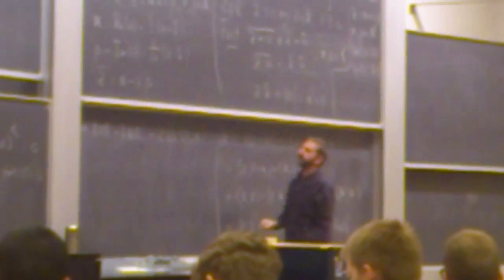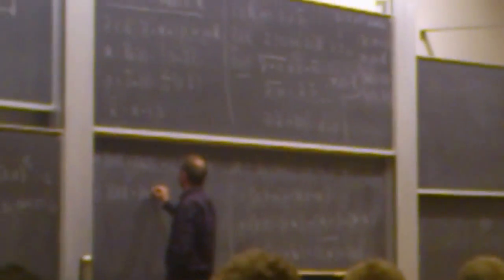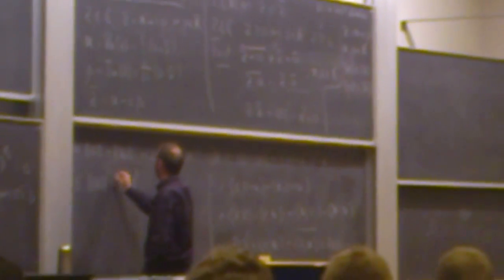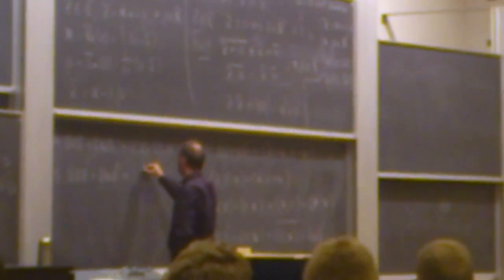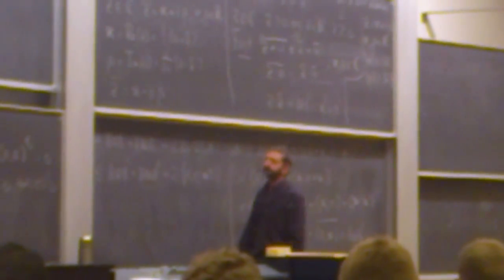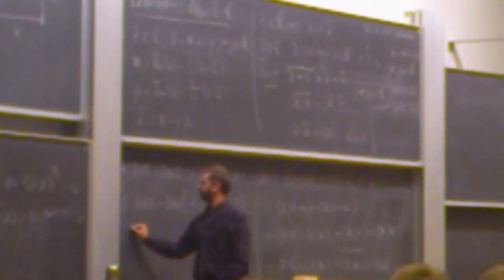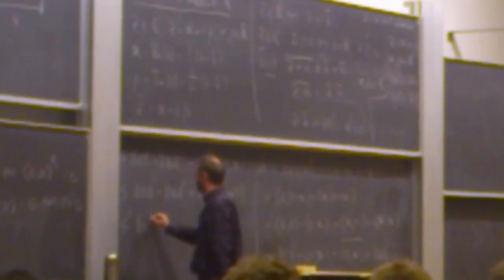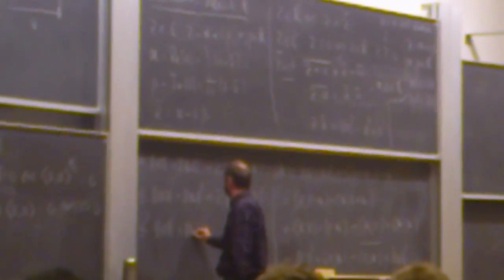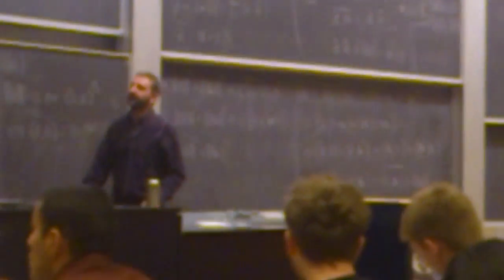So what I'm going to use now is I'm going to say this is less than or equal to the norm of V squared plus the norm of W squared, and then plus 2 times the absolute value of the inner product. And then we use Cauchy-Schwarz. But then actually I would also like to rewrite Cauchy-Schwarz.